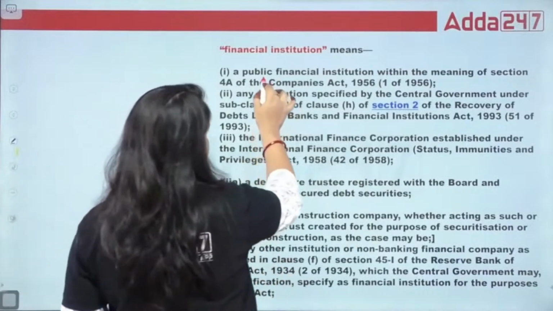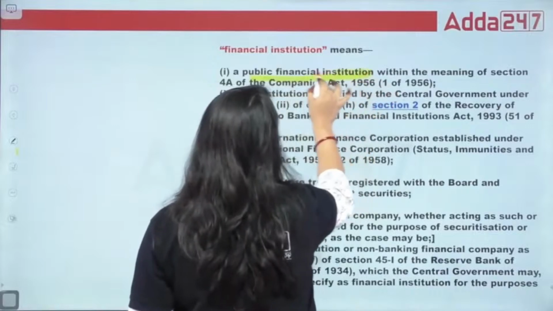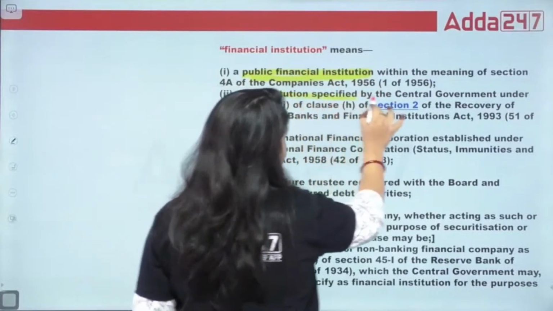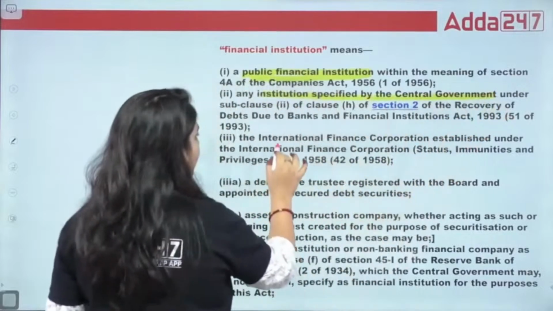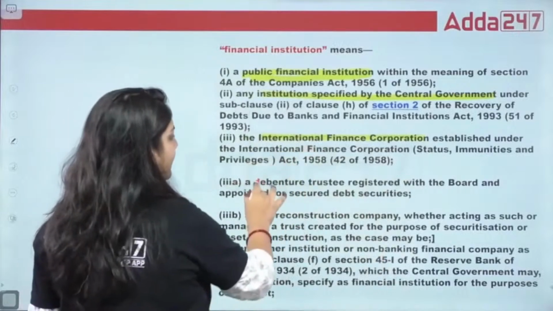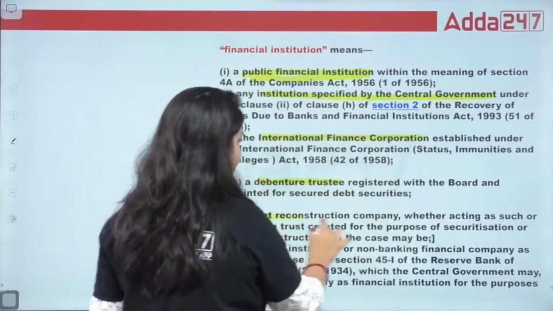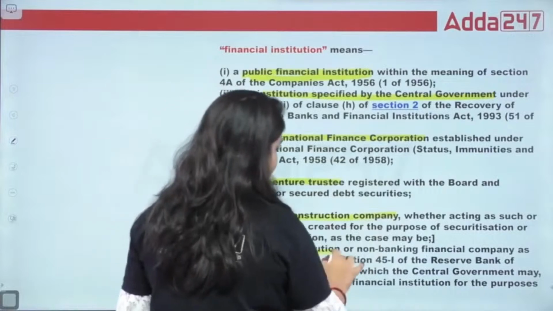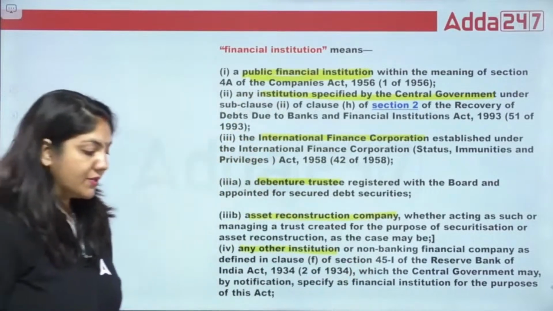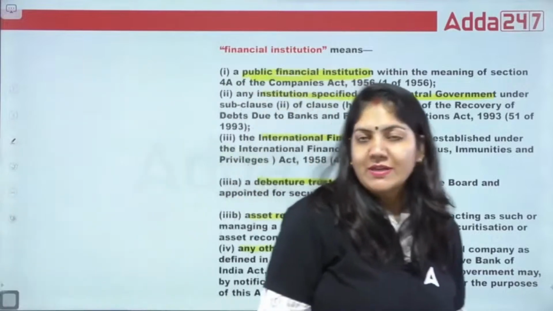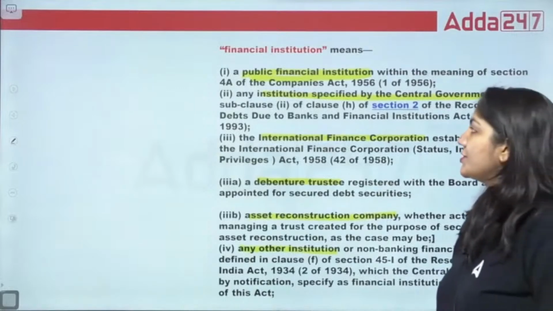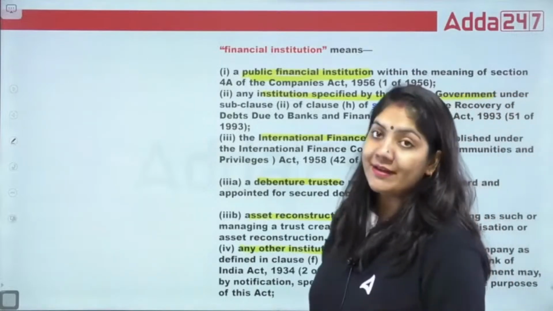So financial institution means a public financial institution, an institution which is specified by the central government, international financial corporation established under this, debenture trustee, asset reconstruction company, or any other institution. This is important, guys. So in your question, these 3 options and 4 options will be there, and you have to tick mark which definitions come under the financial institution.